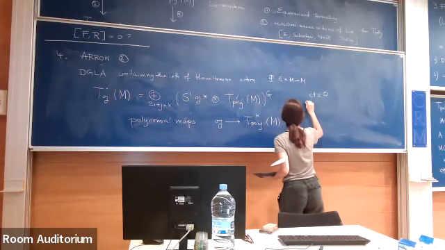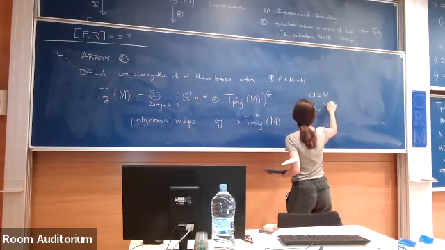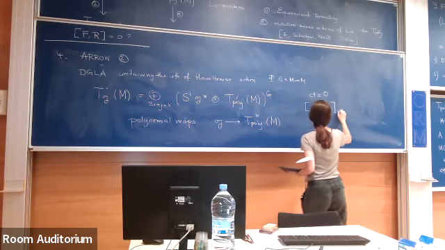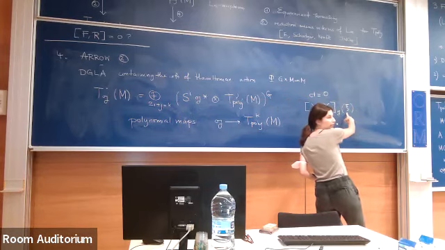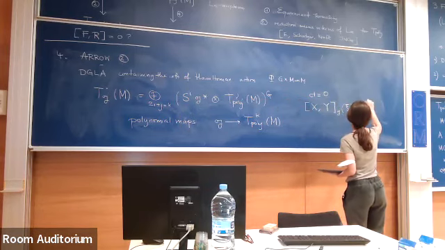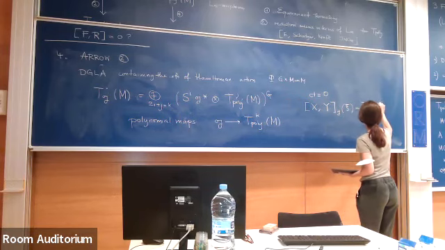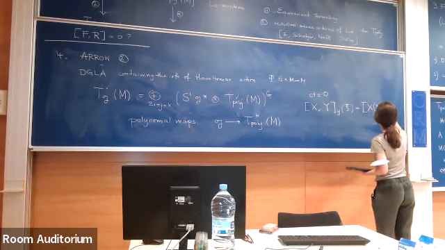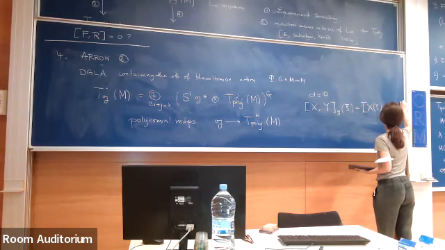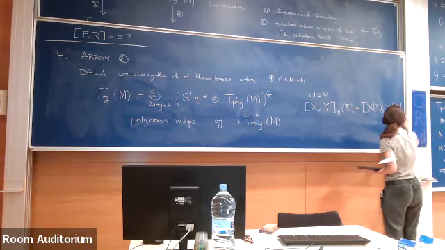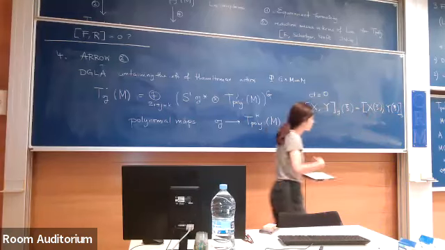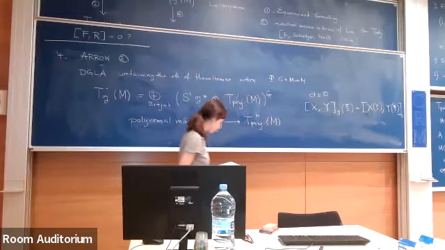I call it, so this is the element in the Lie algebra. So I just have to evaluate. So you see now these are polyvector fields, and this is the Schouten bracket. So it's just a rephrasing.